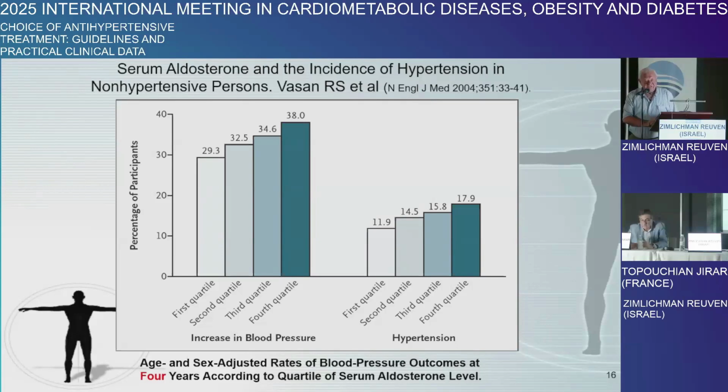Here we see in this slide the progression to hypertension, only increase in blood pressure on the left, and development of hypertension on the right, according to quartiles of aldosterone levels. And we can see that the higher the aldosterone level, the higher the development of hypertension.